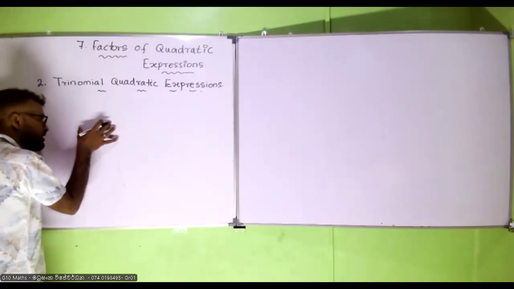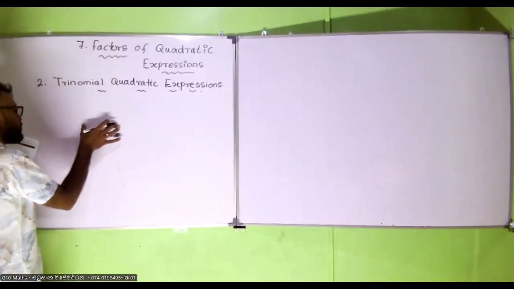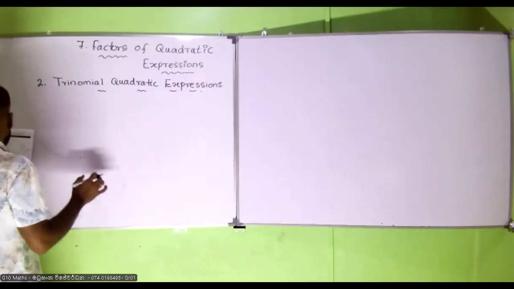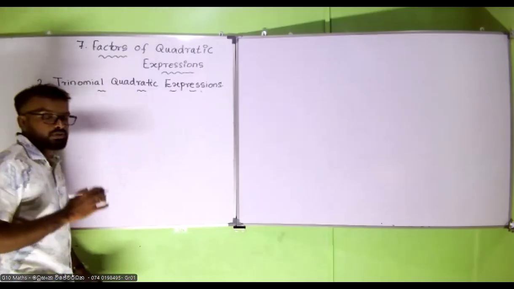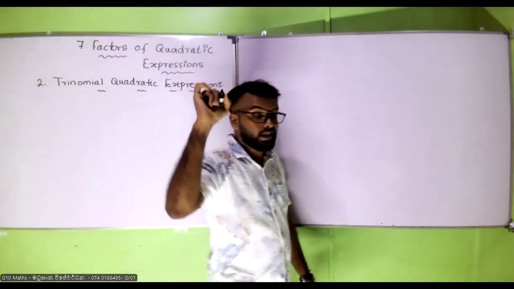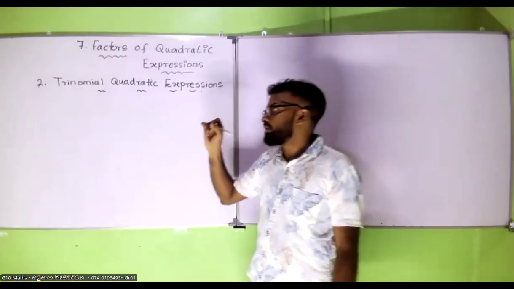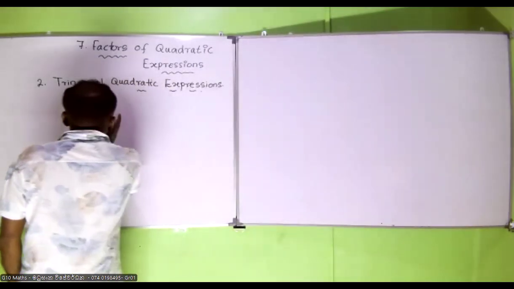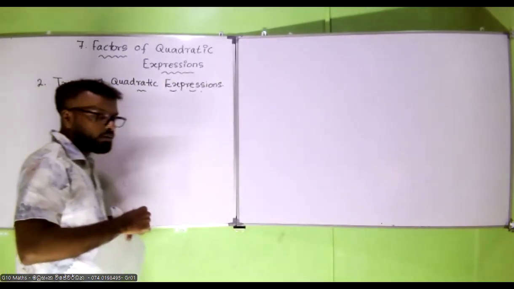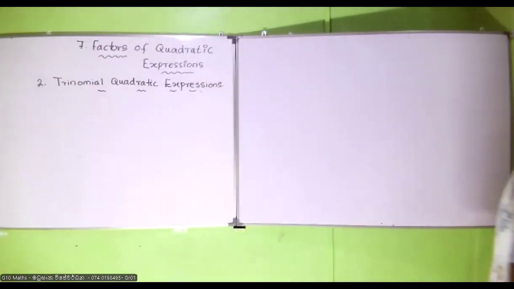So this is the basic form of a quadratic expression. Under that box, inside that box, let's write something. The first term, I will use some colors so that you can understand.